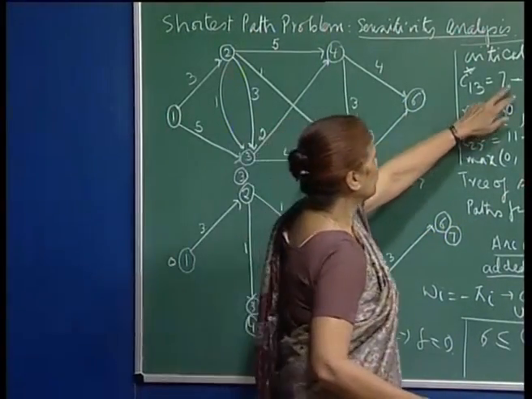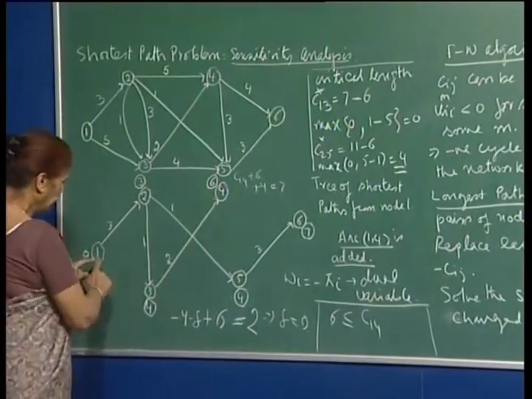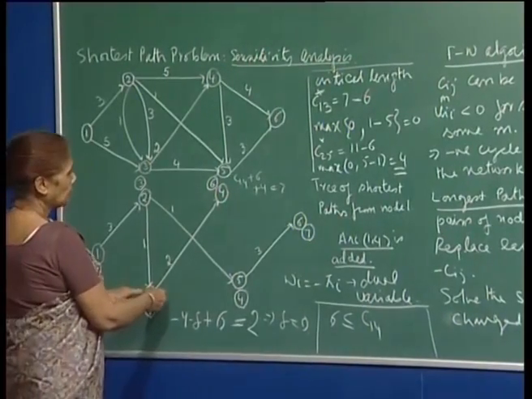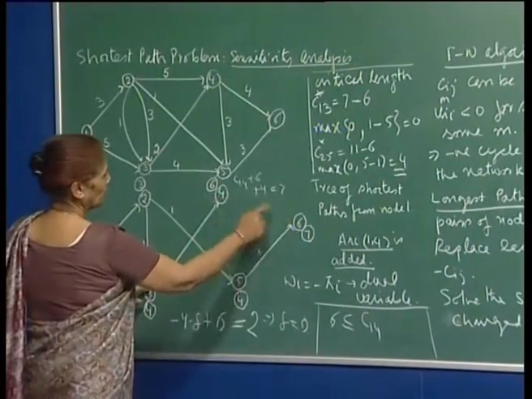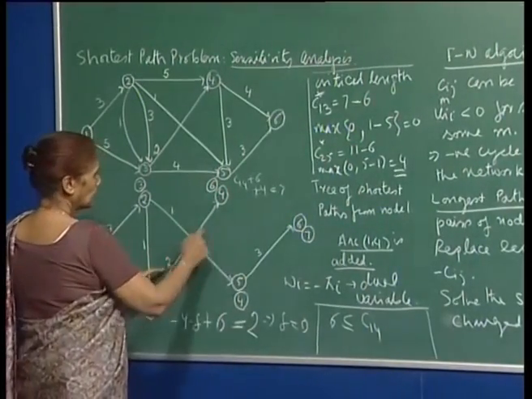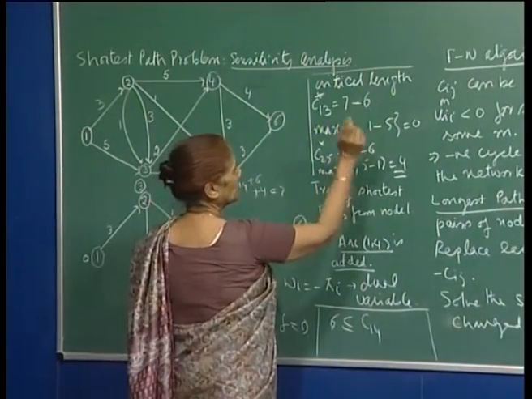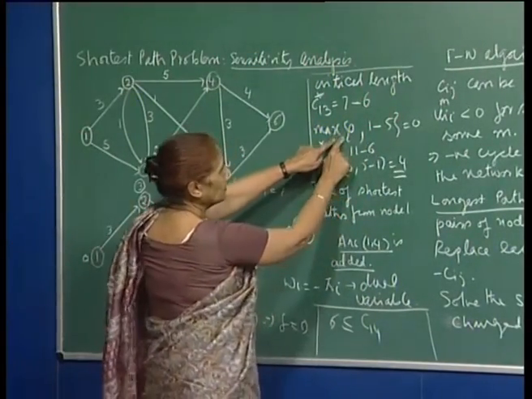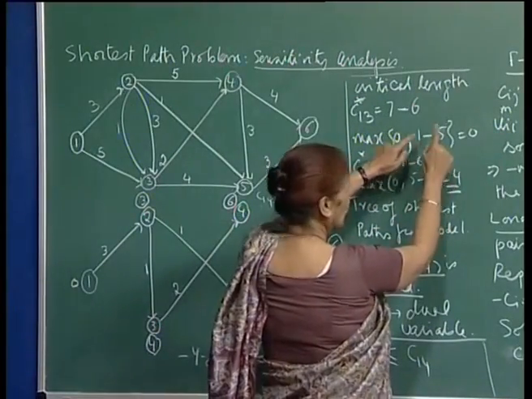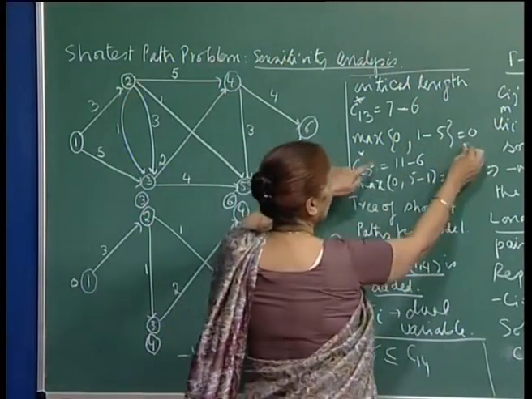But when its length is 0, I have quickly computed it, and you can verify, the shortest path would be 1, 3, 4 and 6, and the length of this path would be 6. So that is W 0, and the difference is 1 unit, but then max of this is 0 comma 1 minus 5, because the current length is 5. So 1 minus 5 is minus 4, therefore this max is 0.